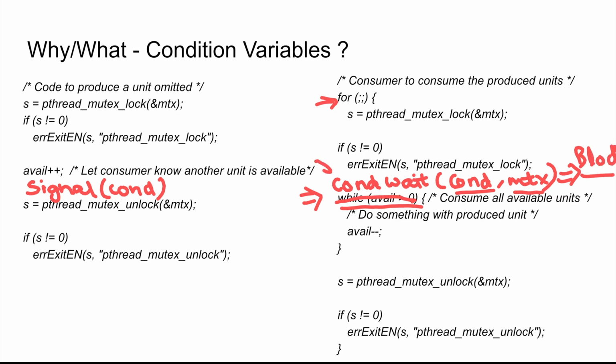Now the consumer will be blocked on this condition wait call, and as soon as producer produces a unit, it will issue a signal call on this condition variable. As soon as signal is executed, condition wait will unblock and proceed ahead consuming the available produced units.